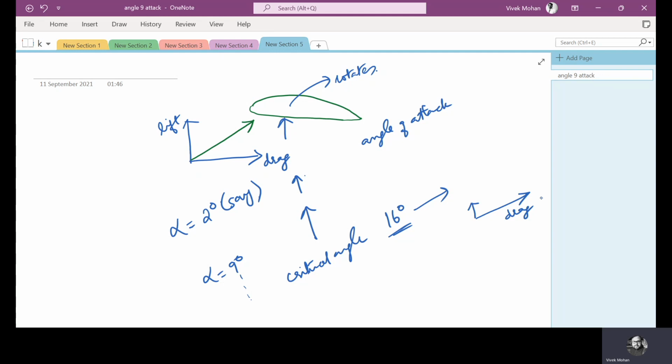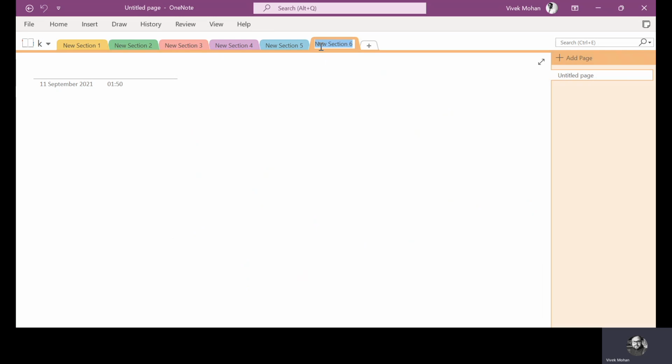So that's all with the fundamentals of wind turbines. Now we'll just see what are the generator types used in wind turbines. There are basically three types of generators used in wind turbines.